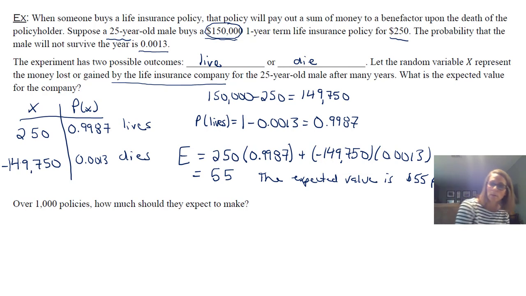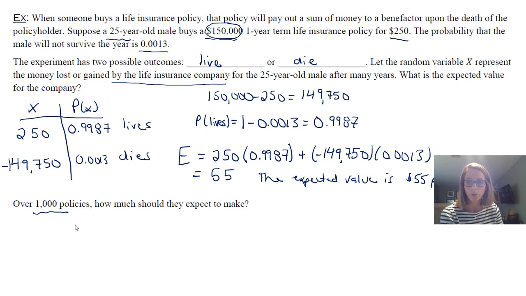And that just means that over time, these people are paying $250, and so they're going to collect a bunch of $250. Every once in a while, they're going to have to pay out that money for somebody that passes away, but overall, they are going to profit $55 per policy. So notice, over 1,000 policies, how much should they expect to make?